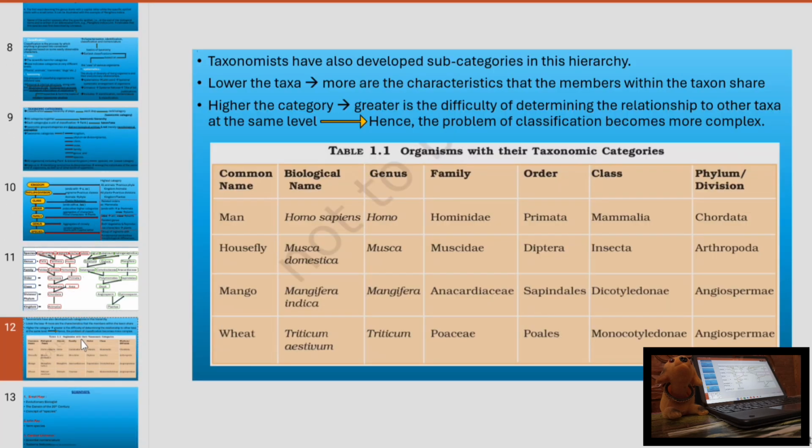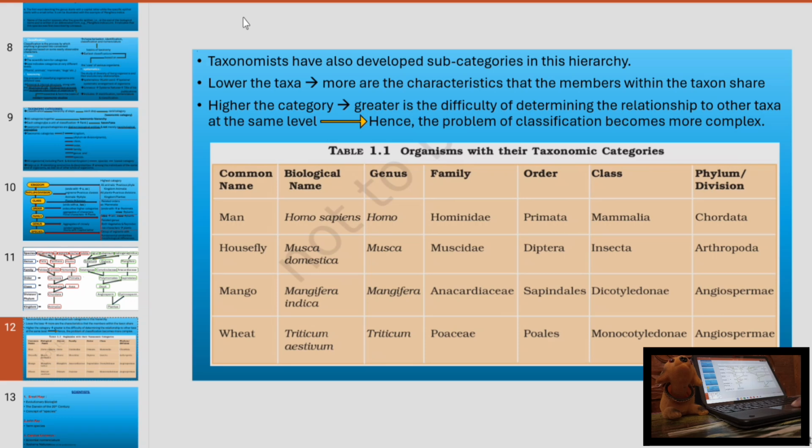And then this is the table, and in the maximum of cases, there will be at least one question from this table. So read this table thoroughly, okay? And then we can't just go with the taxonomic categories like that.